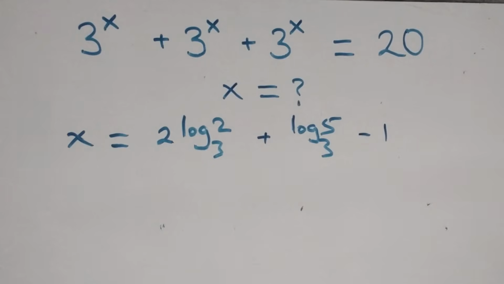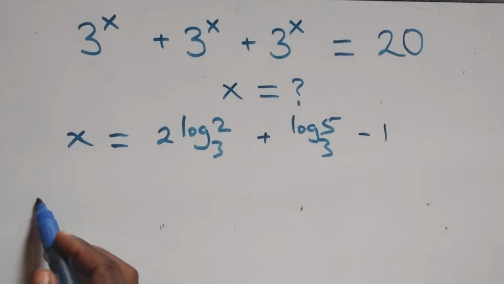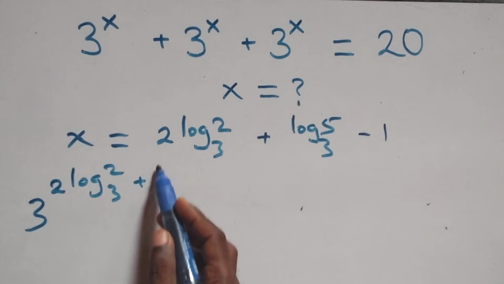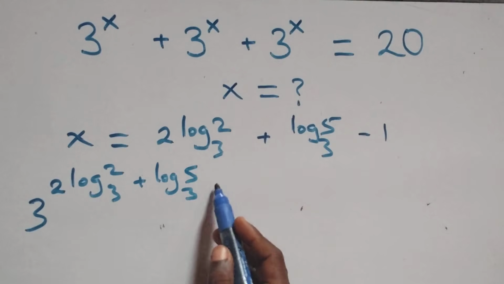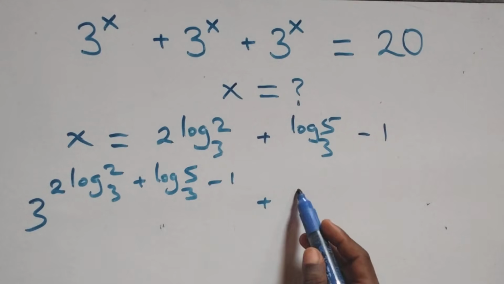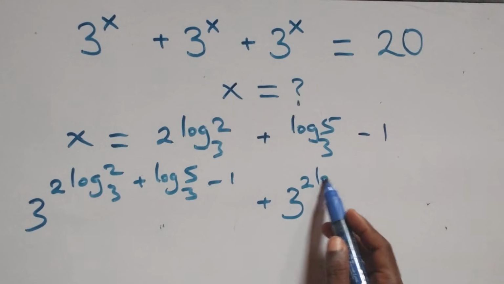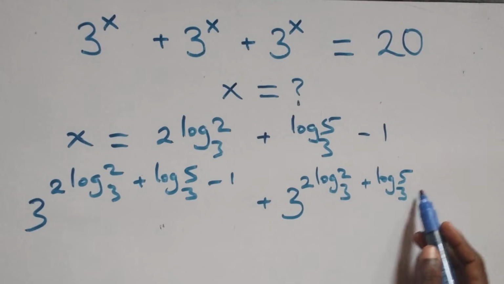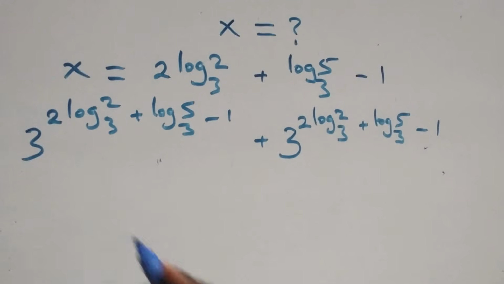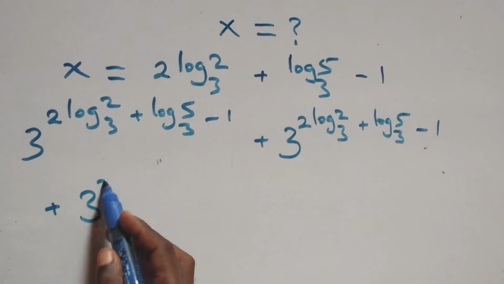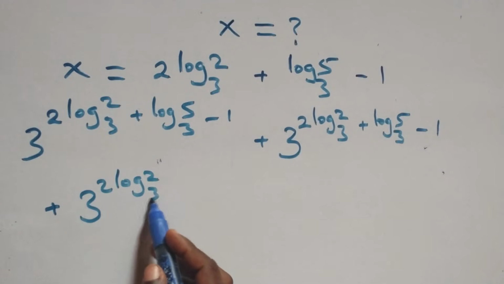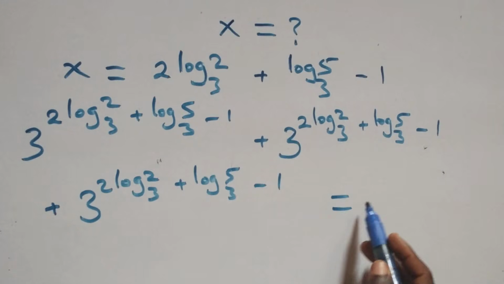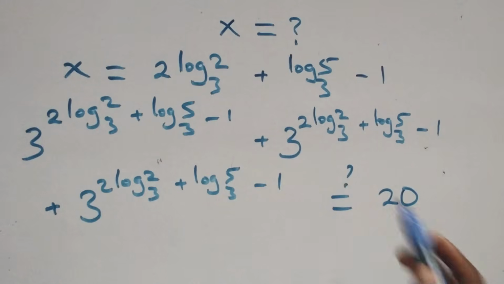Then what we have becomes 3 raised to power 2 log 2 base 3 plus log 5 base 3 minus 1, plus also 3 raised to power 2 log 2 base 3 plus log 5 base 3 minus 1, also plus 3 raised to power 2 log 2 base 3 plus log 5 base 3 minus 1, is it equal to 20 on this side.